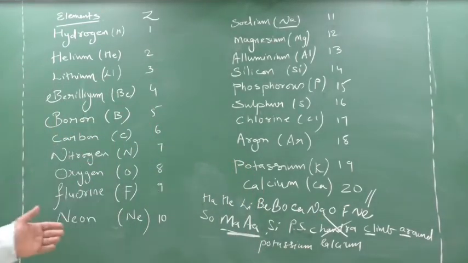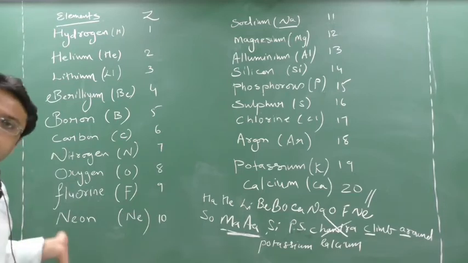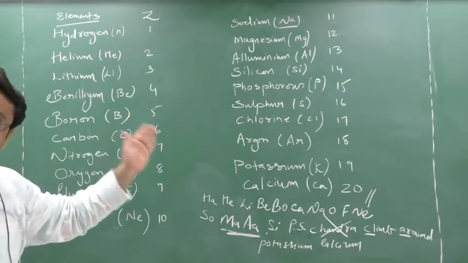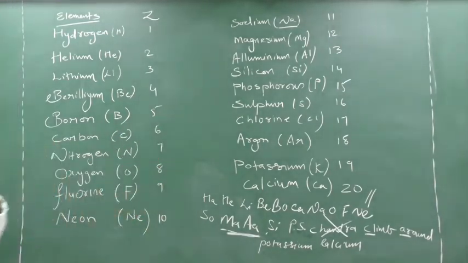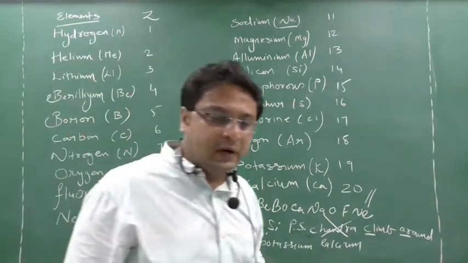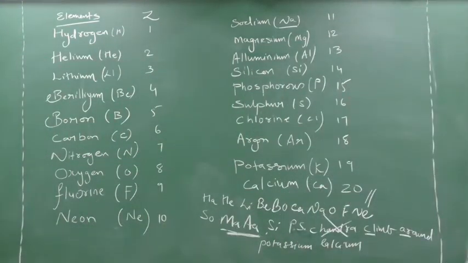Please copy it out. Once more I will speak. Understand this mnemonic. Hydrogen, helium, lithium, beryllium, boron, carbon, nitrogen, oxygen, fluorine, neon, sodium, magnesium, aluminium, silicon, phosphorus, sulfur, chlorine, argon, potassium, calcium. This is very important for you to remember. Clear this part? Okay.